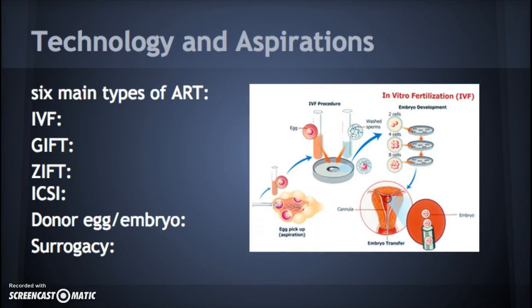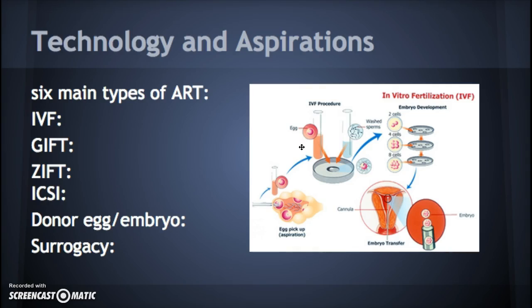These embryos are then implanted back into the uterus, and as many as you want can be implanted, and then the rest are either frozen or disposed of. As you can see in the diagram, it shows the steps of in vitro fertilization.